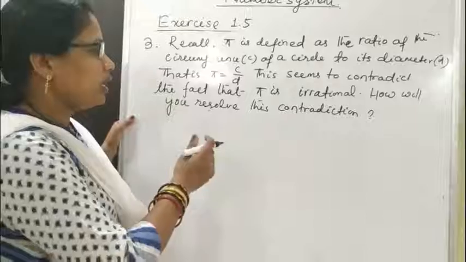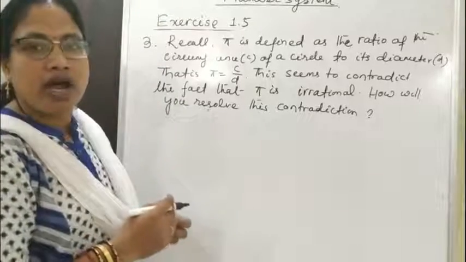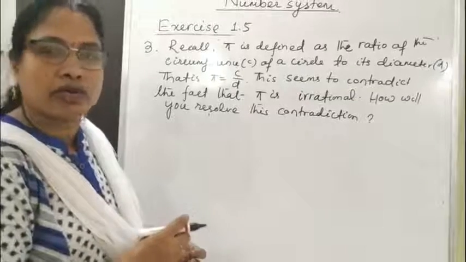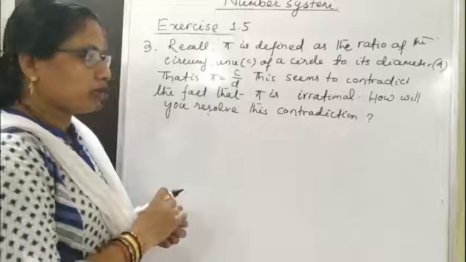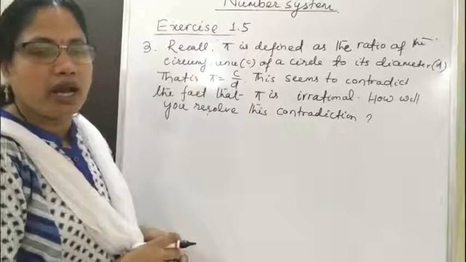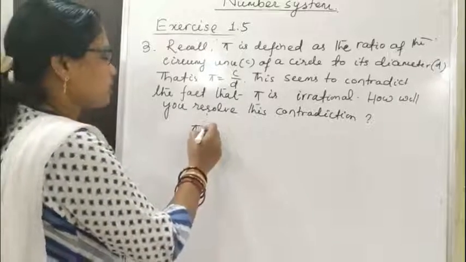So the value 22/7 that we take is the approximate value of pi. Pi is nearly equal to 22/7, but the decimal representation of pi is non-terminating and non-recurring.